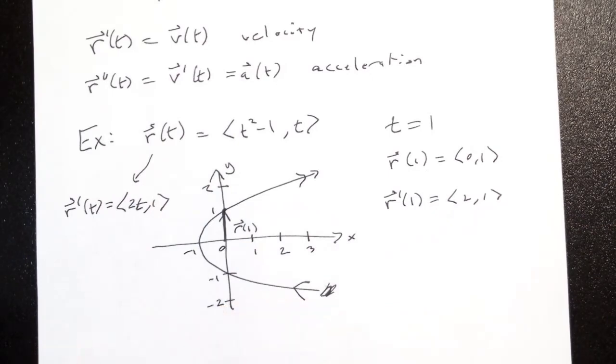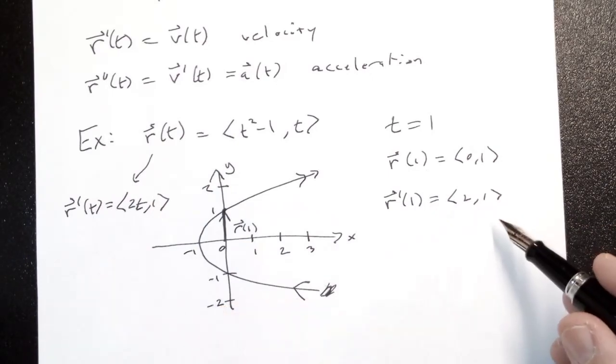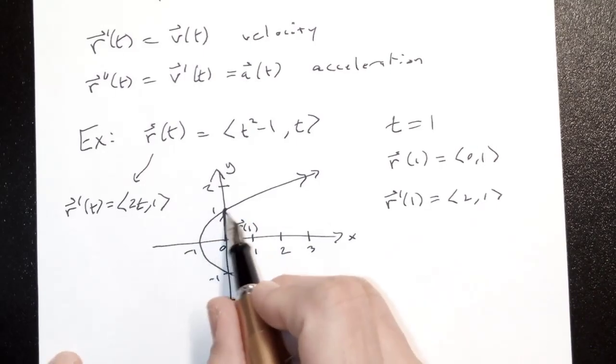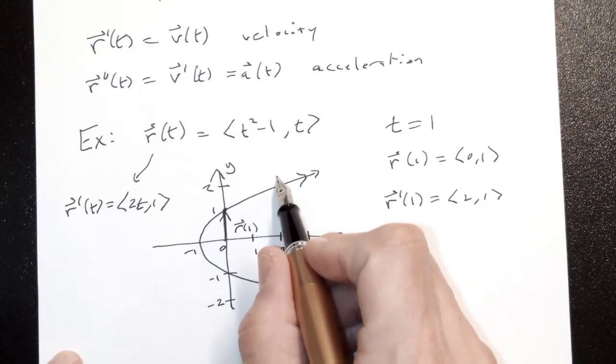So let's draw that vector. If I draw the vector 2, 1, here's where I'm going to cheat. I don't want that vector to have its initial point at the origin. I want the initial point of that vector to be 0, 1, so that we can say the velocity is with this thing. So that means I go over 2 and up 1, over 2 and up 1.